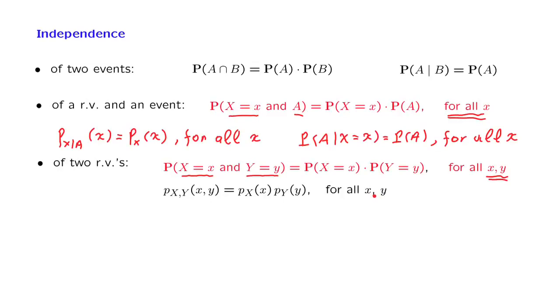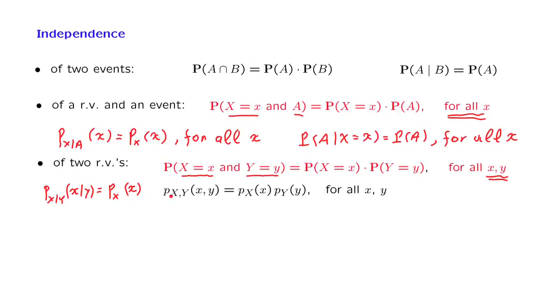What does independence mean? When I tell you the value of Y, and no matter what value I tell you, your beliefs about X will not change, so that the conditional PMF of X given Y is going to be the same as the unconditional PMF of X. And this has to be true for any values of the arguments of these PMFs.